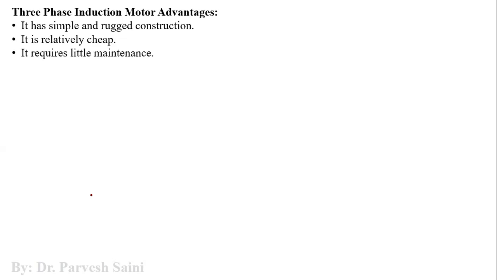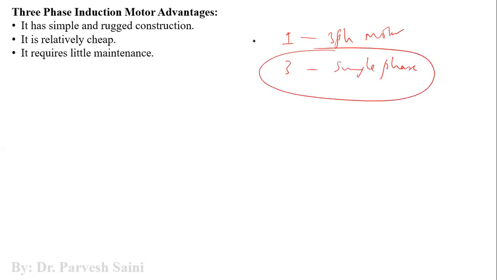Now let us come to the advantages of induction motors. What are the advantages? Rugged construction, simple construction. This is one advantage. Three-phase induction motors are quite cheap. If you use three single-phase motors instead of one three-phase motor, this will be very costly to you.